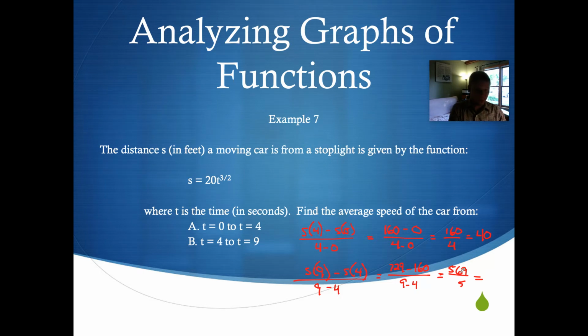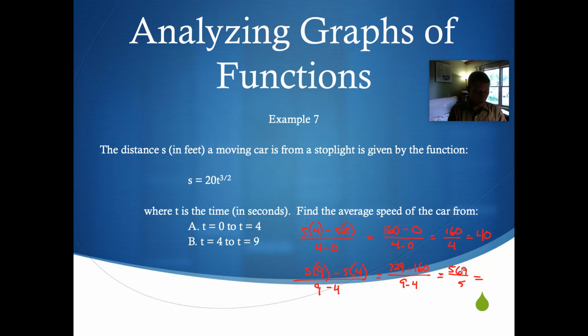Let's try this again. 9 to the 3rd power, and then take the square root of that. All right, so 9 to the 3rd is 729.